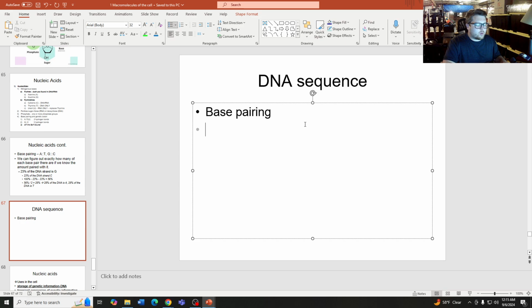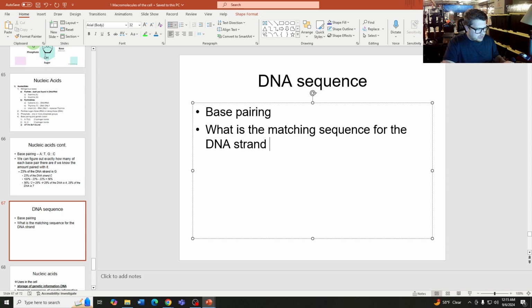If I were to ask you the question, what is the matching sequence for the DNA strand? Let's say ACC TTG CTG A. Something like that. What we do is we can look at it. Okay, A pairs with what? A pairs with T. C goes with G. C goes with G. T goes with A. T goes with A. G goes with C. C goes with G. T goes with A. A goes with T.